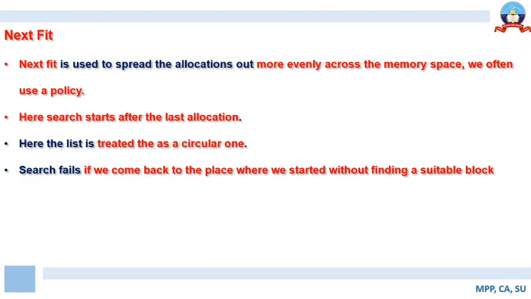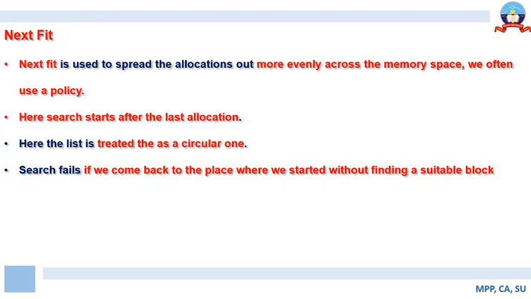So since the list is circular, if we reach the point where we had started from without finding a suitable block to accommodate the process, then we say that the next fit allocation scheme has failed to allocate memory to a requesting process.